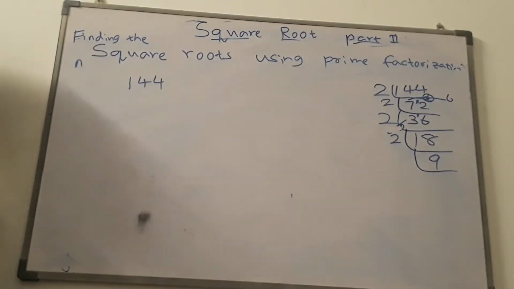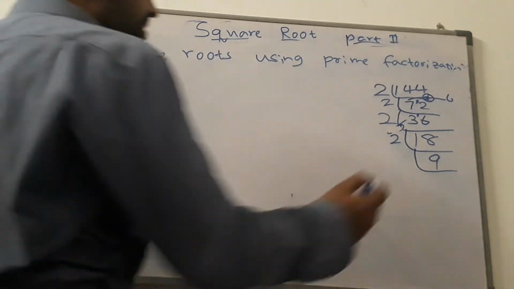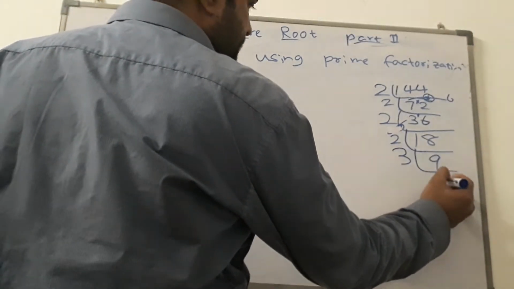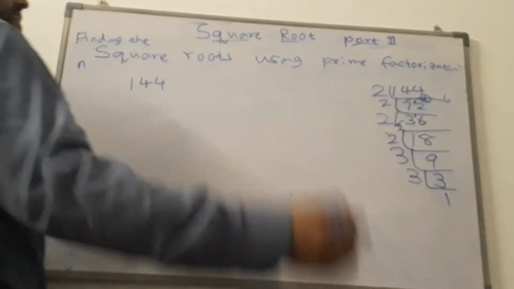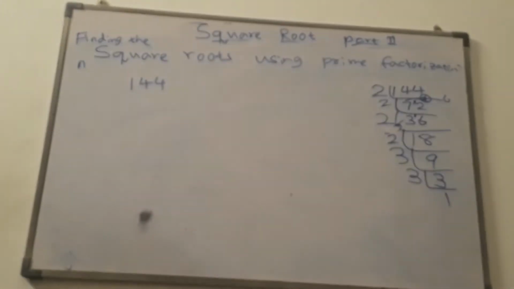After 2, what is the next prime factor? 3. Is 9 divisible by 3? Yes. So 9 divided by 3 means 3, and 3 itself can be divided by 3. Until 1 we have to keep on dividing the number by its prime factors from the smallest to the biggest.